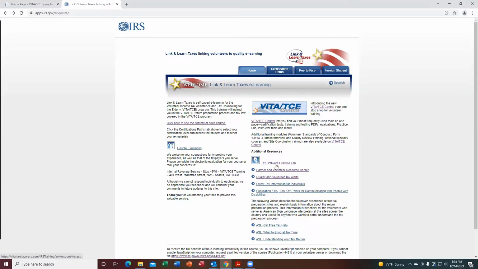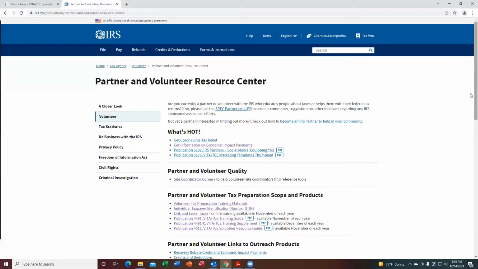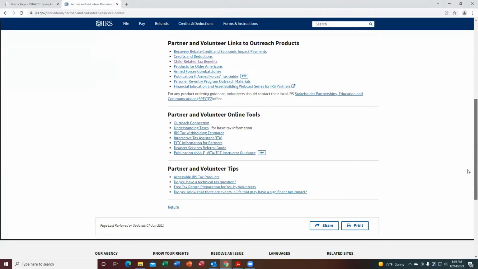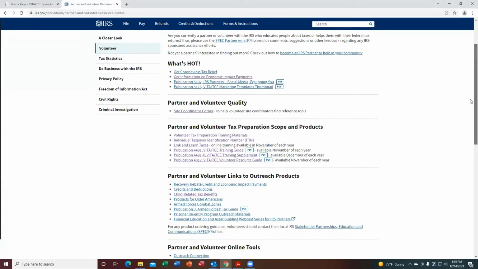And this is a practice lab that is used to complete those tax returns that are embedded in either the basic or the advanced. If you are a coordinator, the Partner and Volunteer Resource Center has a lot of information in here. So again, highly encouraged to visit all the sources of information that they have here.